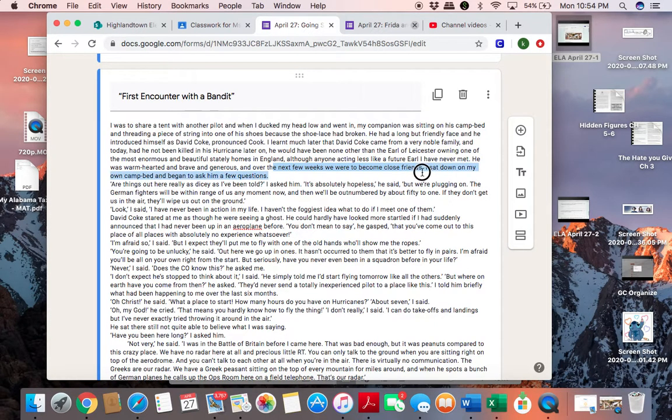We also know that he feels comfortable asking him questions. So it seems like the narrator believes this character a little more than he believed the last character, the corporal, who was kind of what we call dotty or crazy. So he became his companion, right? His friend. He felt comfortable talking to him.